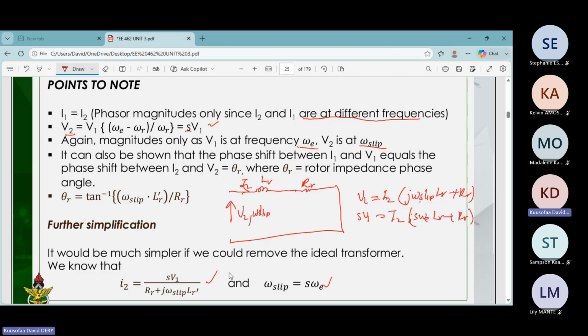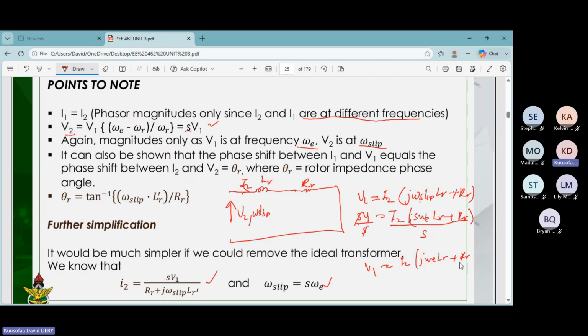So now how do we ensure that they have the same frequencies? If we divide here by S and also divide this side by S, we'll have S cancelling S, and you have V1 equal to I2 times j omega E LR plus RR over S.